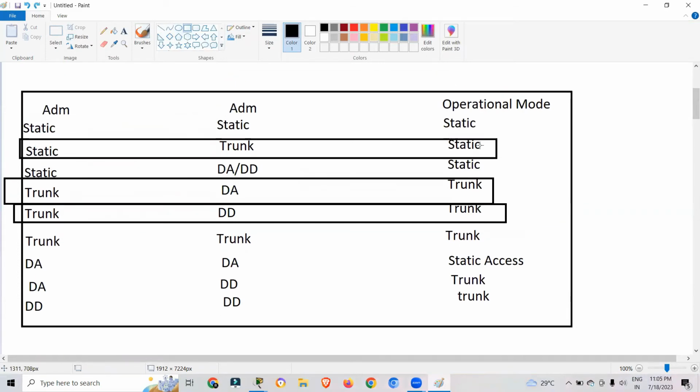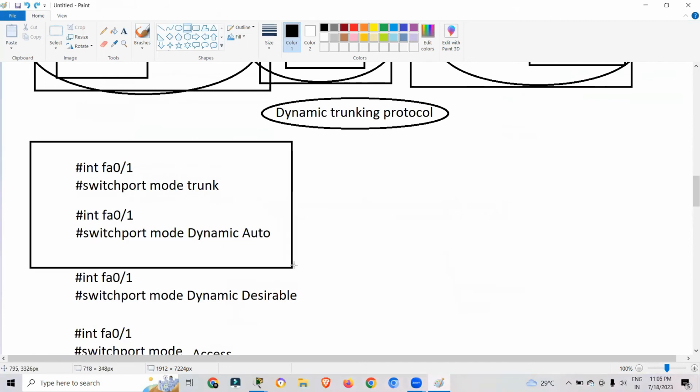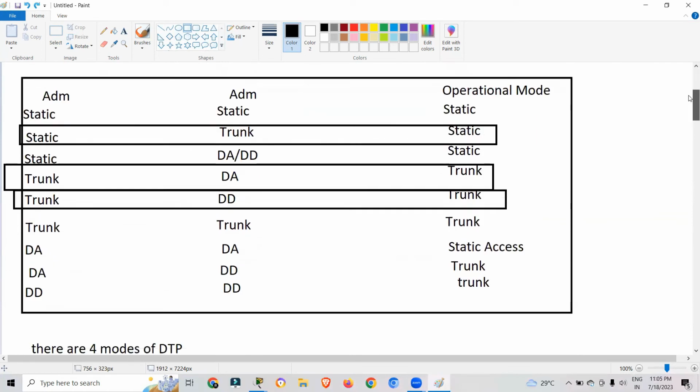Access, trunk. So trunk plus dynamic auto will make the trunk. That is simple. If I configure these two combinations, it will make my trunk link here. Trunk plus dynamic auto is equal to trunk, right?